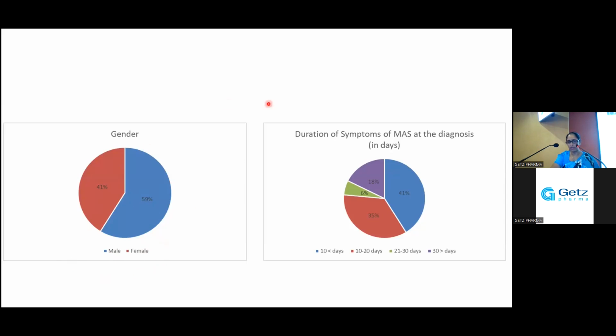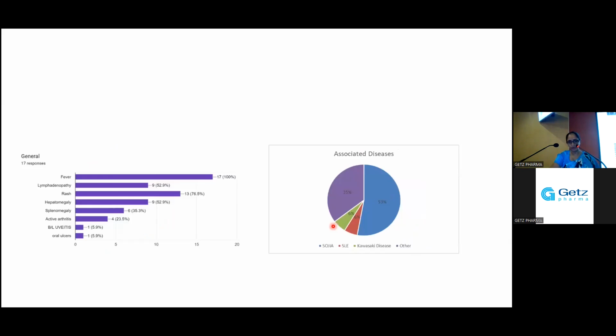The male-female ratio is not very important, but duration of symptoms: until MAS hits, it's more than 10 days in 41%, 10 to 20 days in 35%, 21 to 30 days in 6%, and 18% after even a month. So with prolonged fevers, we have to be vigilant.